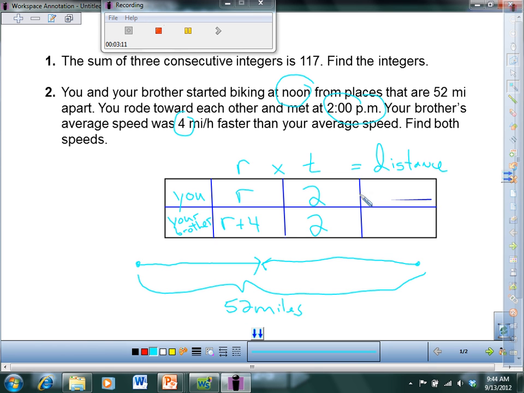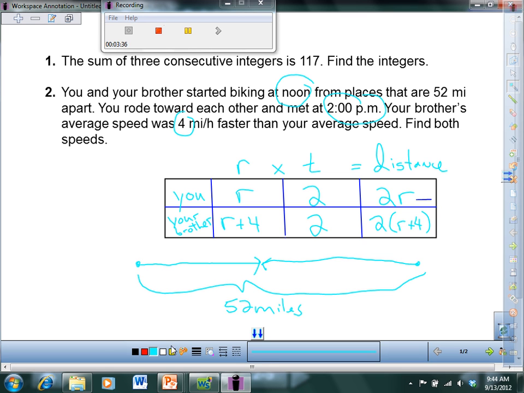So how far did you go? What's your distance in terms of r? What's r times 2? How do you write that algebraically? 2r. Thanks.